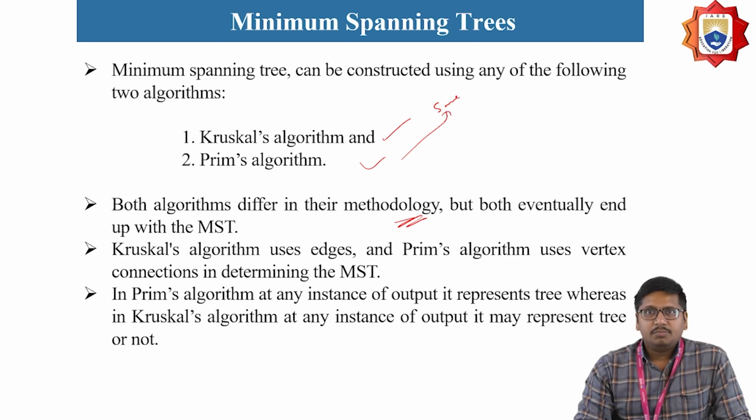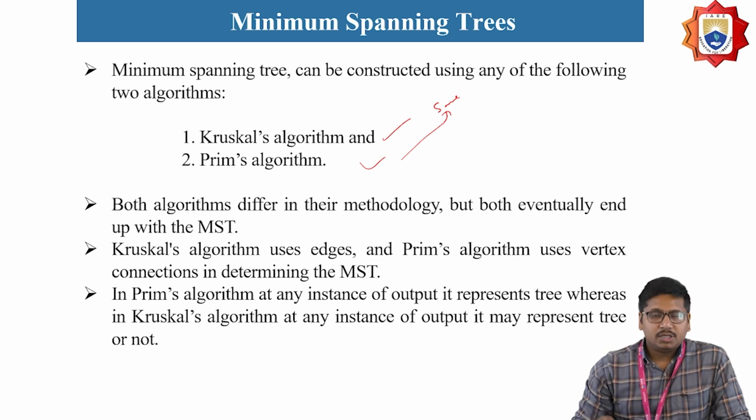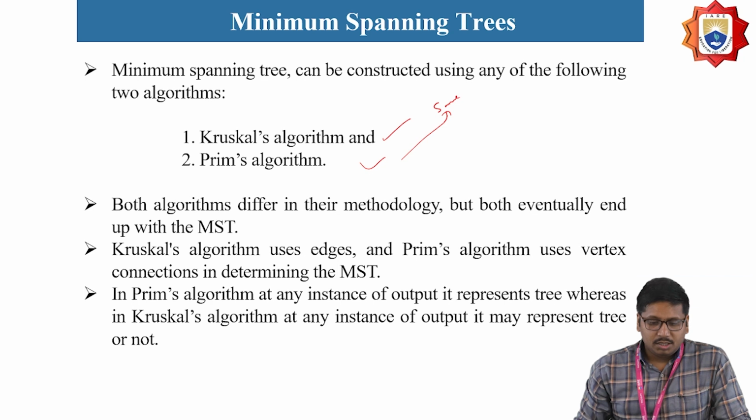In Prim's algorithm, at any instant the output represents a tree, whereas in Kruskal's algorithm, at any instant the output may or may not represent a tree. So these are the two algorithms available for the construction of a spanning tree.